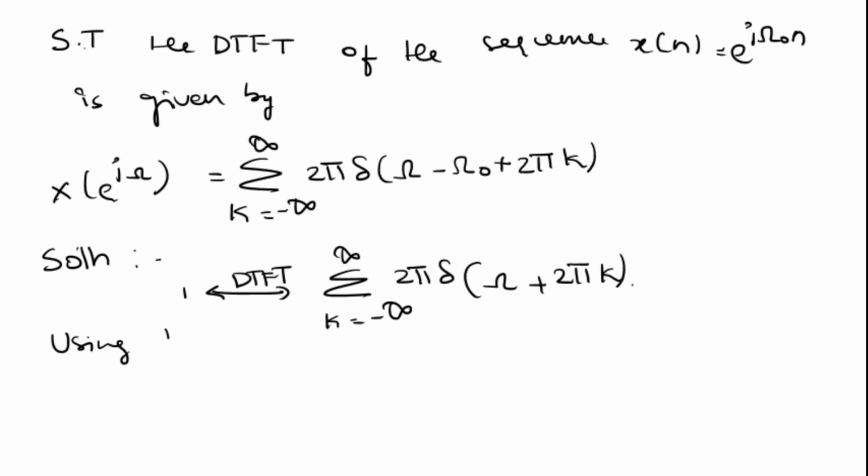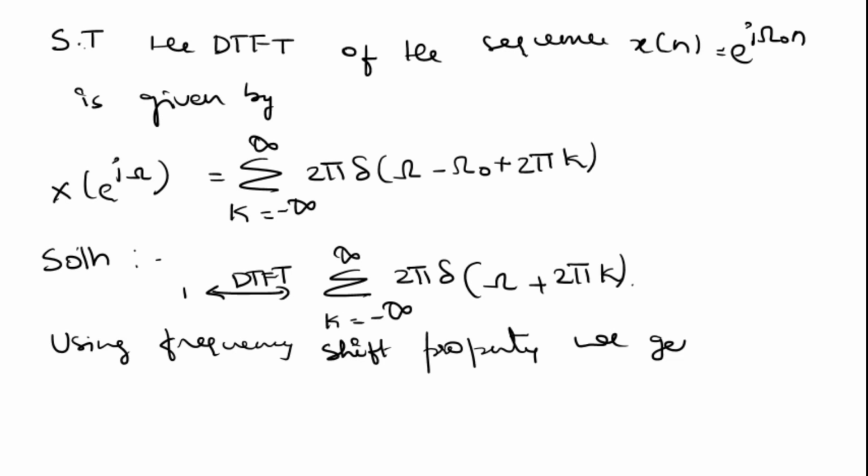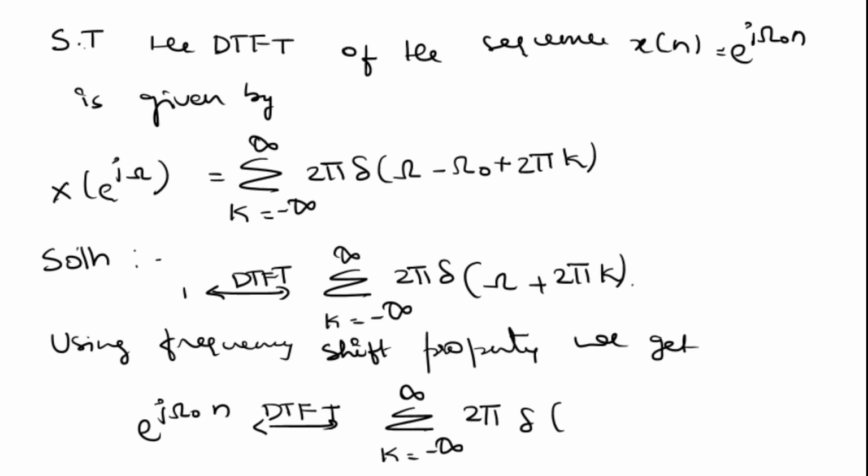Using frequency shift property, we get e power j omega naught n. If we take DTFT, we get summation k is equal to minus infinity to infinity 2 pi delta of omega minus omega naught plus 2 pi k.